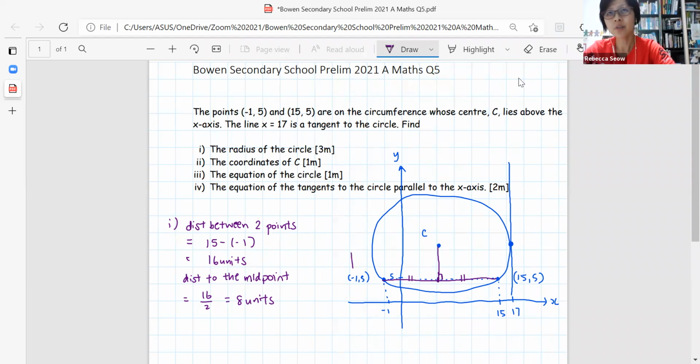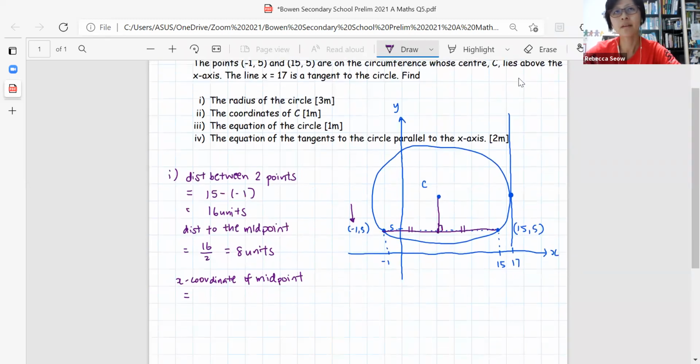So from here, we should be able to find the x-coordinate of the midpoint. Take note that the x-coordinate of this point here is -1. So if we move 8 units to the right, the midpoint has an x-coordinate of -1 plus 8, which gives us 7.